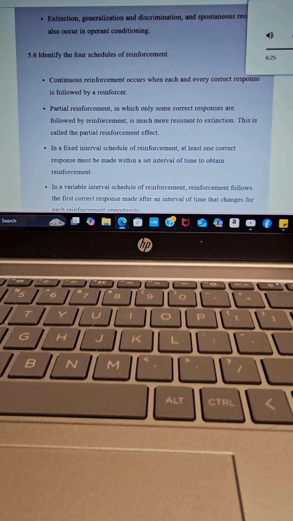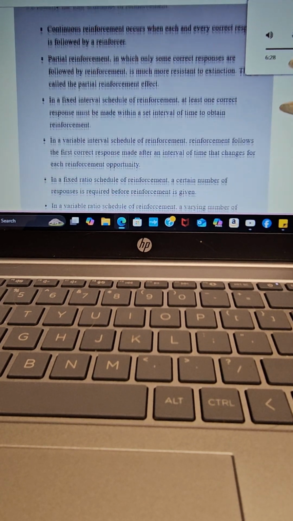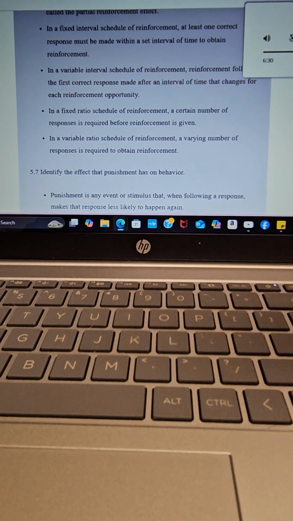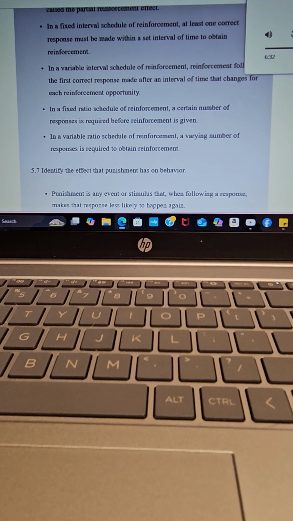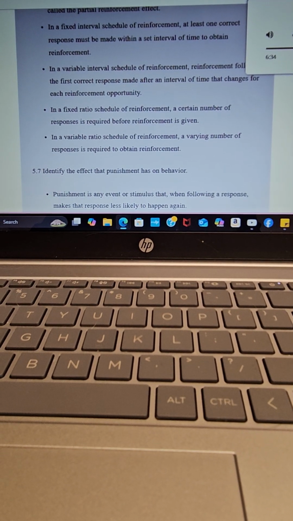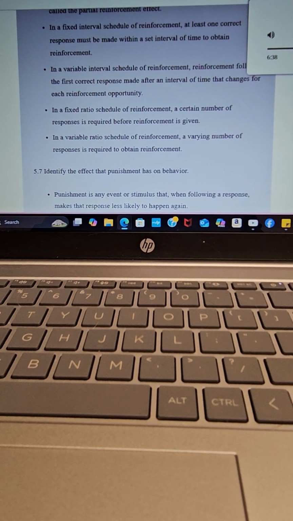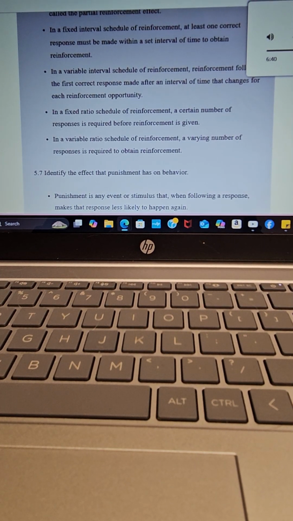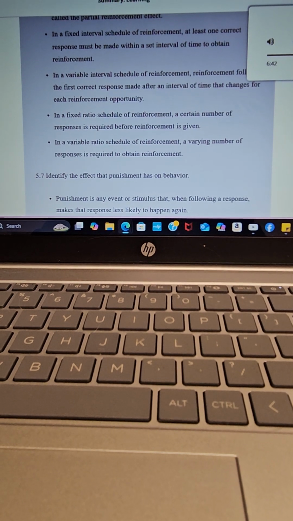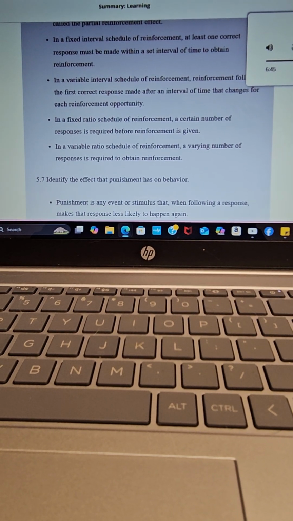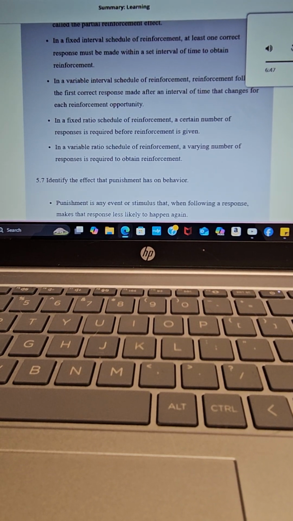In a fixed interval schedule of reinforcement, at least one correct response must be made within a set interval of time to obtain reinforcement. In a variable interval schedule of reinforcement, reinforcement follows the first correct response made after an interval of time that changes for each reinforcement opportunity.